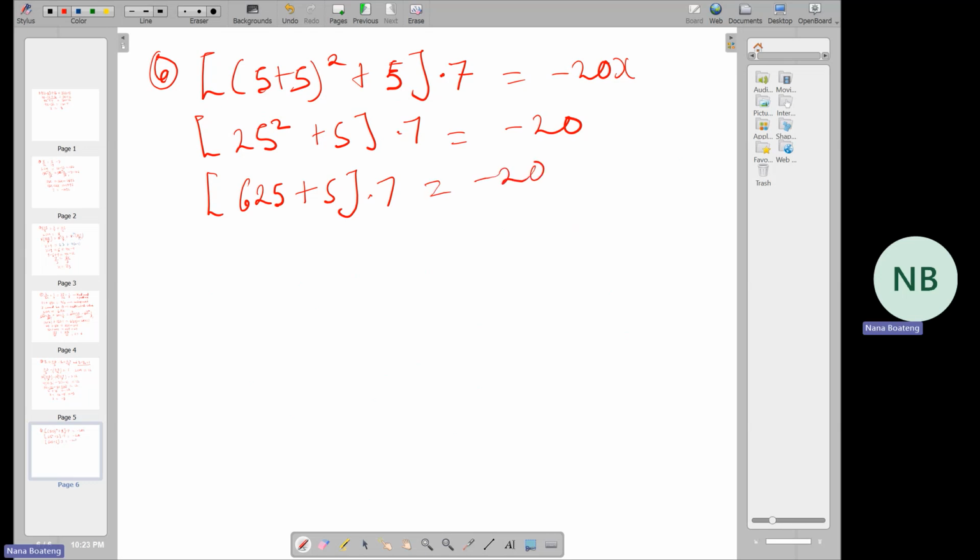So 625 plus 5 is 630. So we have 630 times 7 is equal to negative 20x.